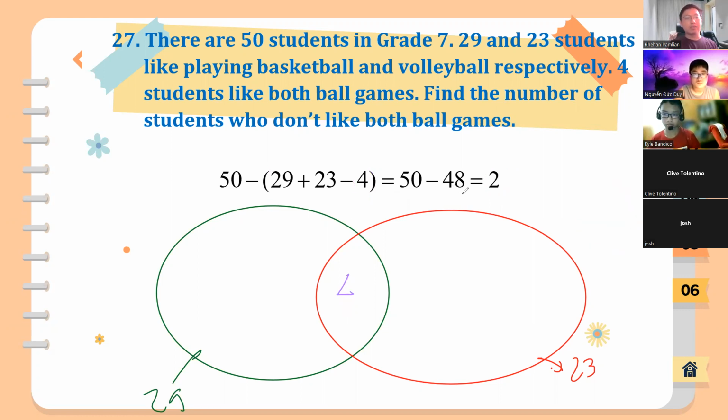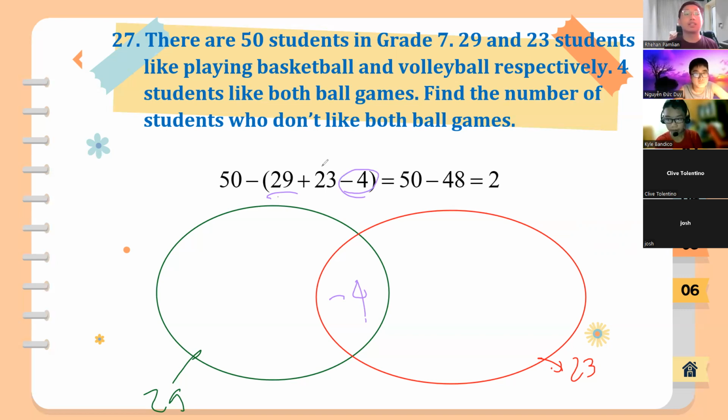So there are 48 people who like either basketball or volleyball. If you ask why we subtract 4 here, it's because they are common to both sides. The 29 includes 4 people, and the 23 includes the same 4 people. So minus 4 because they are common on both sides.